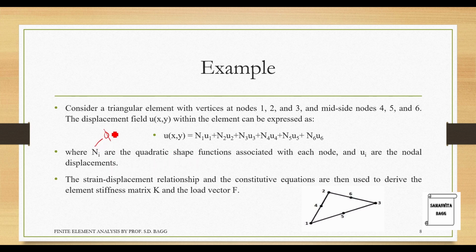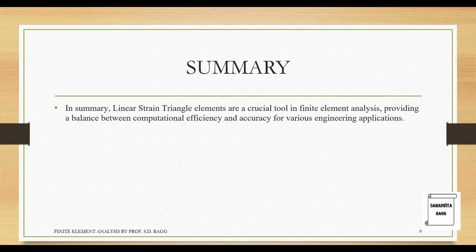You can also use the symbol of N associated with each node, and Ui are the nodal displacements. The strain displacement relationship and the constitutive equations are then used to derive the element stiffness matrix K and the load vector F. You know F is equal to K into U. This is a basic equation. What you need to find out is this value of K.